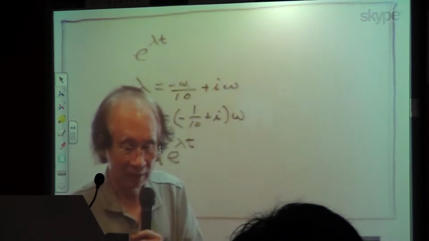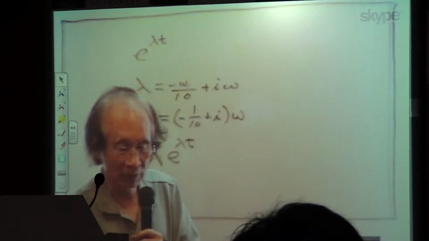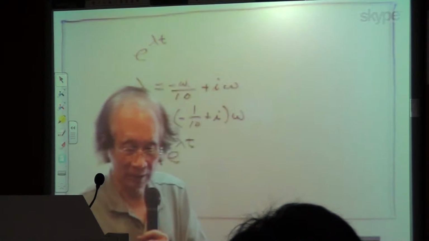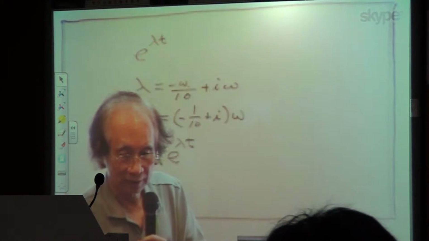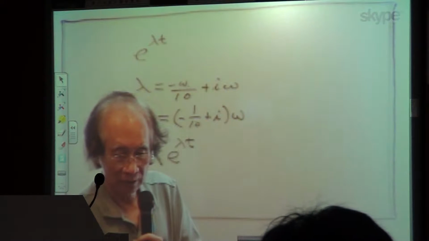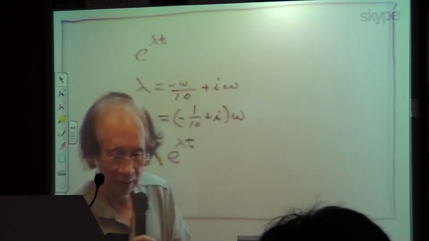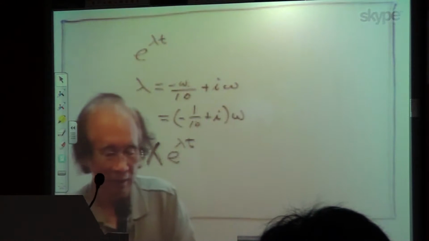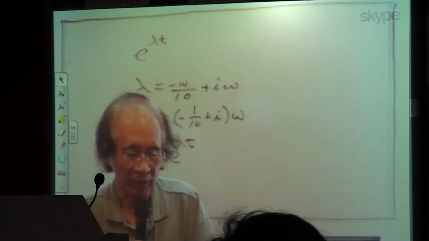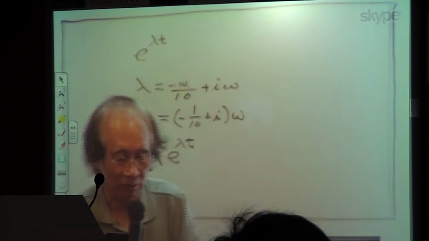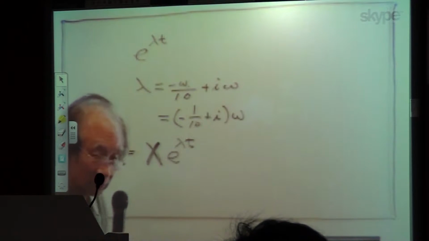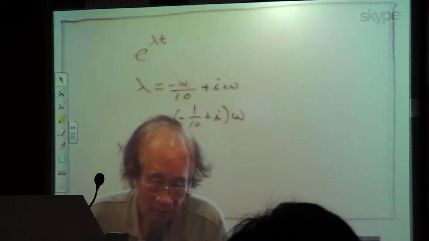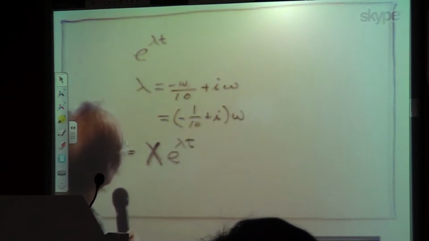If you use the complex approach, the teaching assistant also uses the complex approach, except he has A and B, A e to minus 0.4, I think 0.4 upon 1.